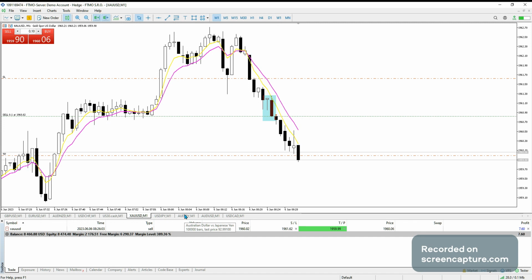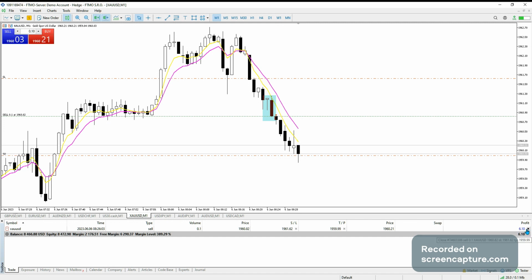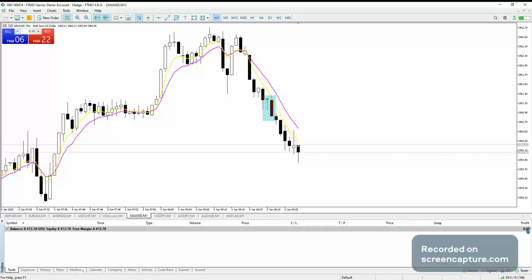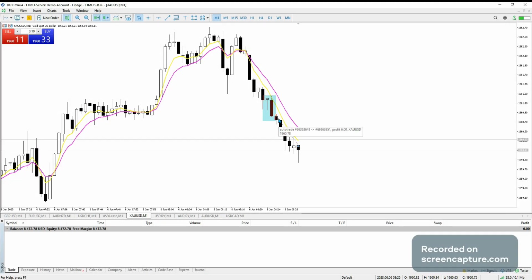Okay, so this is it. It looks like we hit take profit. Let's see if we'll hit the take profit. Okay, okay. I'll take this trade. As you can see, very easy, very quickly.